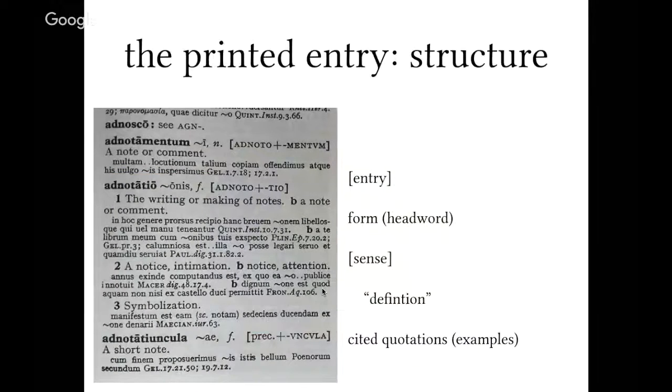Now, we will work with a printed entry, and we will try to see through the structure, the microstructure of the entry. The bold letters mark the start of the entry. At the same time, they give the form, the head word, in its lemma form, in its canonical form.